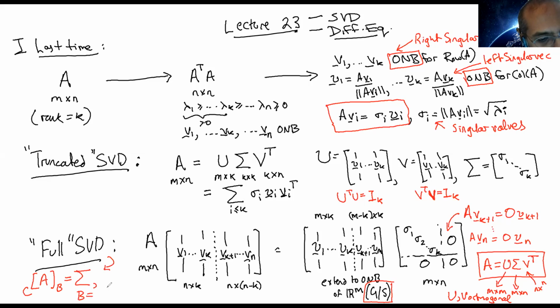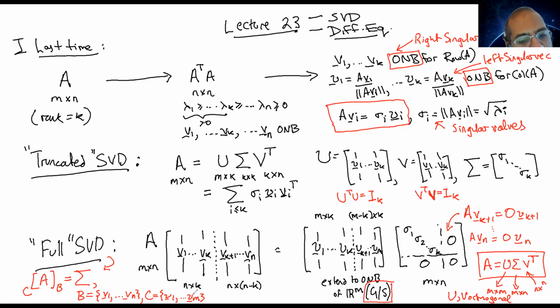for B equal to the V's and C equal to the U's. Okay. So this is the one new interpretation you get out of the full SVD that you don't get out of the truncated one.